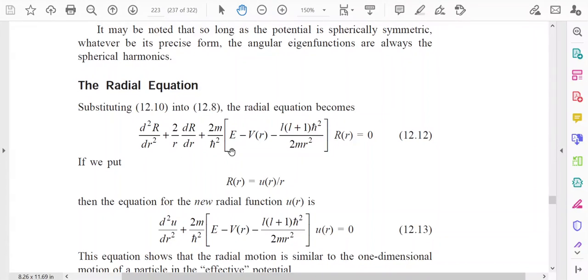Here we will put the value of V(r), which we have already established. We will not write the value of mu, and we will replace mu in terms of small m.